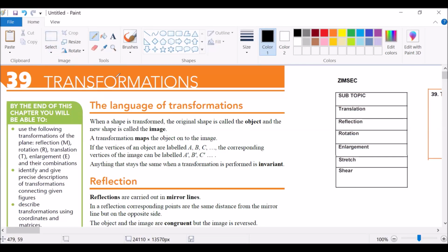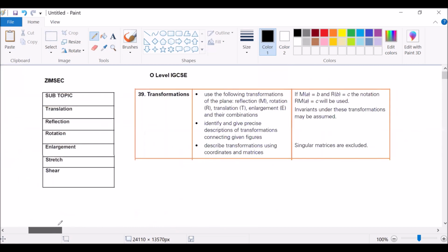We start on this topic, transformation. The syllabus requirements for ZIMSEC O-Level and Cambridge O-Level and IGCSE are the following. The similarities are translation, reflection, rotation, and enlargement.